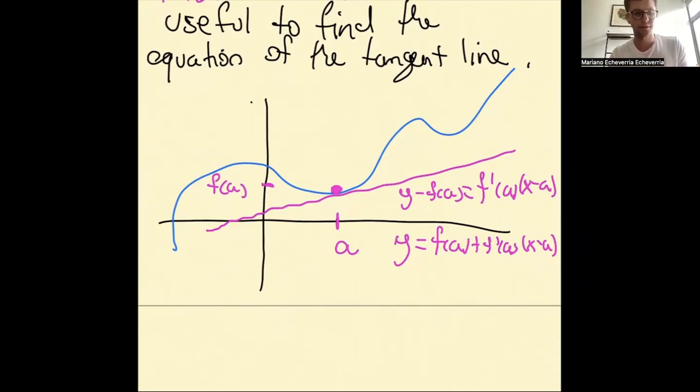Give me a second. So now what I'm trying to say is that we can approximate the graph with something better than a line, and that would be a parabola. And that's what I'm going to show you now.